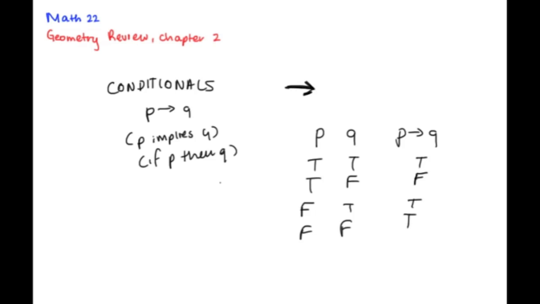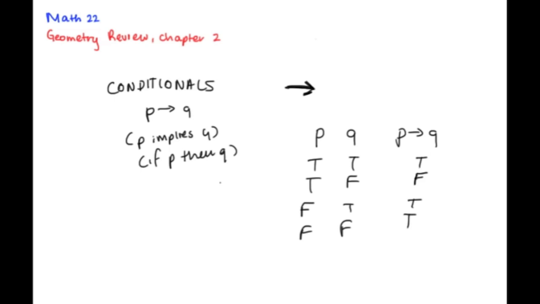Try taking it into sentence form. Say I told you, if you do good on your test, I will bring you to the movies. Okay, let's look at the truth values for all of them. P would be you do well on your test, and Q would be I take you to the movies.